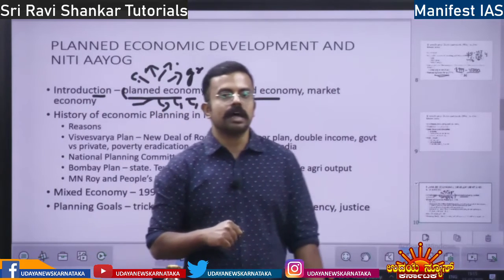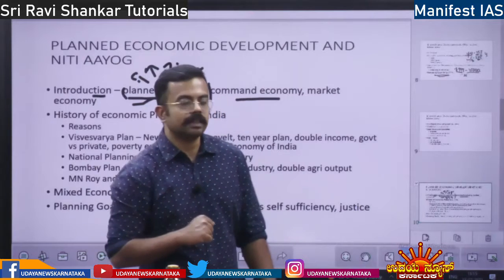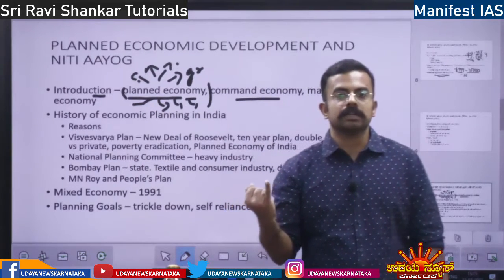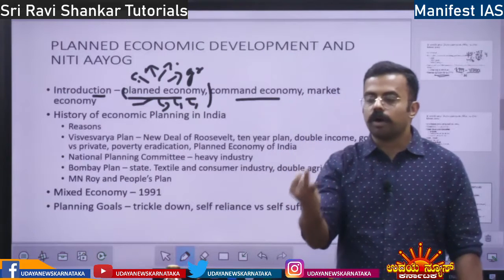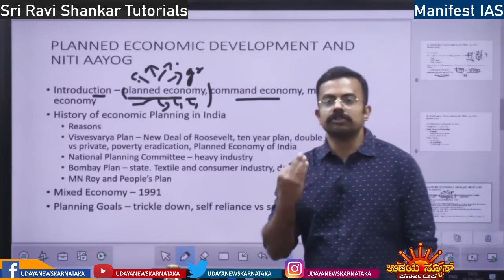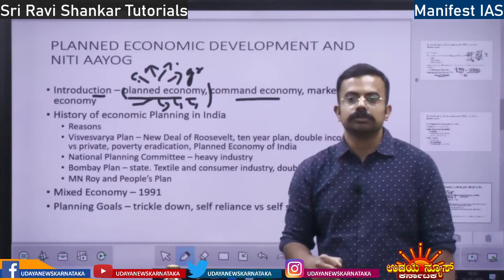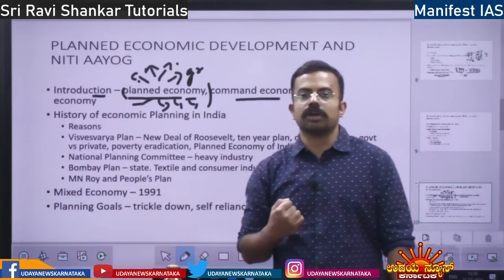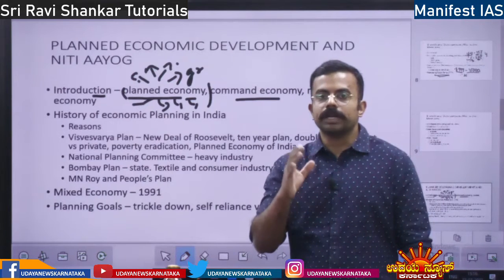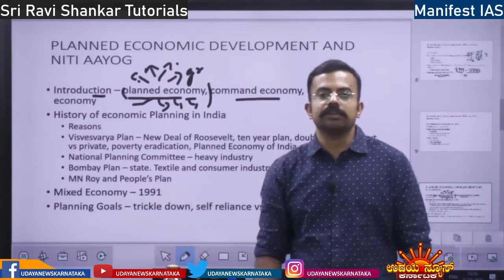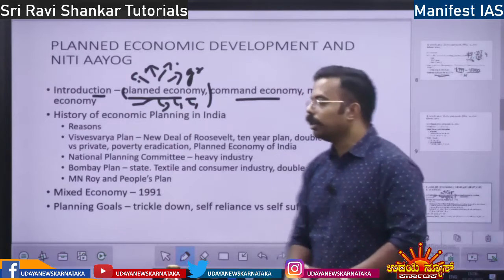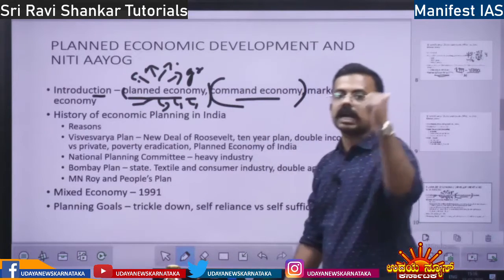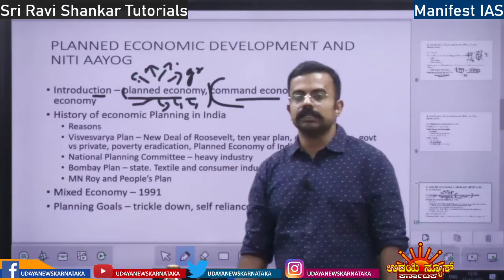All the land was owned by the government. Government used to say what you have to produce. Government used to say which job you have to do. Government used to say what is the price of the product which you are going to sell. Government used to decide what is the salary which you will get. So all these things come under command economy. Government commands the economy, right?